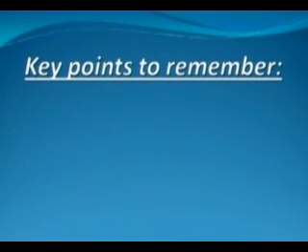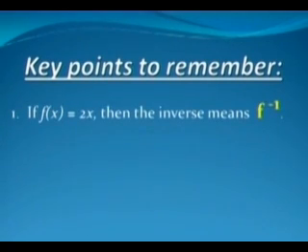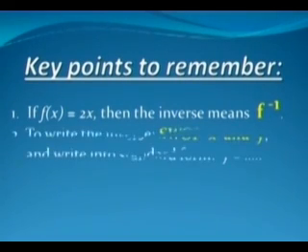Just a few key points I would like to give you. Right? Just a few key points. Number 1. If f(x) is given as 2^x, that means the function. Then we will write the inverse as f to the power of minus 1. In other words, learners, if you see something that says f to the power minus 1, g to the power minus 1, that means the inverse of the graph.